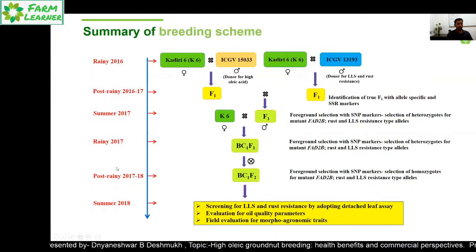In only a span of 2 years, we could reach BC1F2. Later, the BC1F2s were screened for late leaf spot and rust resistance by adopting a high throughput detached leaf assay, the oil quality parameters were estimated using near infrared reflectance spectroscopy, and field evaluation was done for agronomic as well as morphological traits.